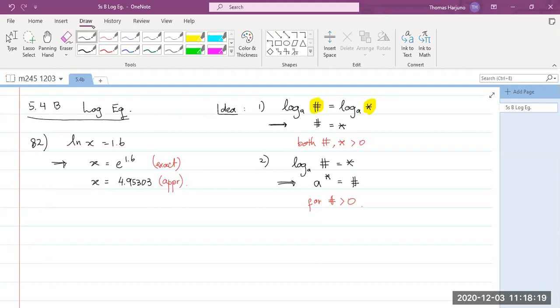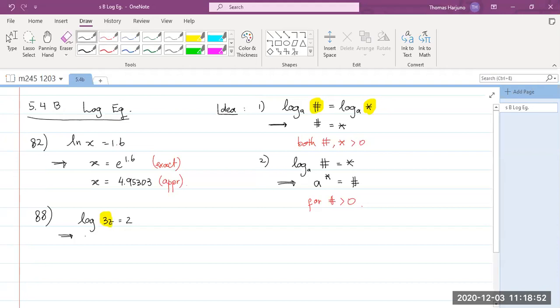Use the same idea to do number 88. Similar idea. Number 88. We have log of 3z equals 2. What will your next step be? You see this as a package, right? What is the base?